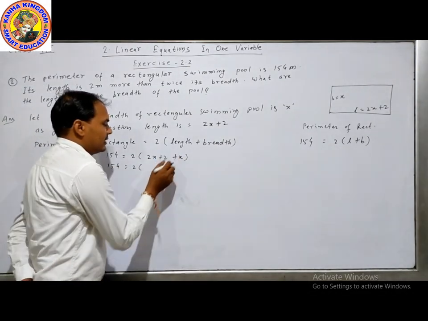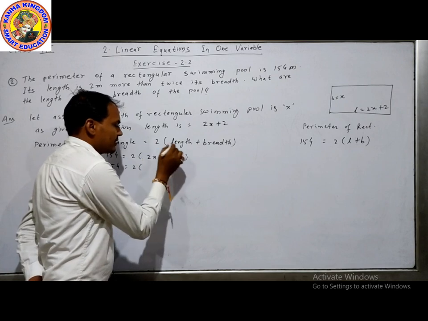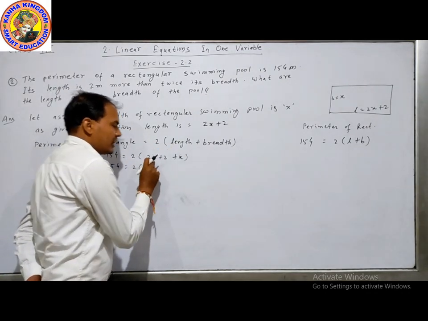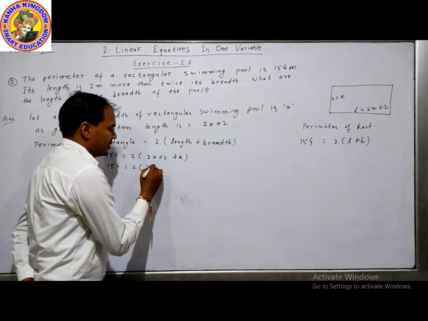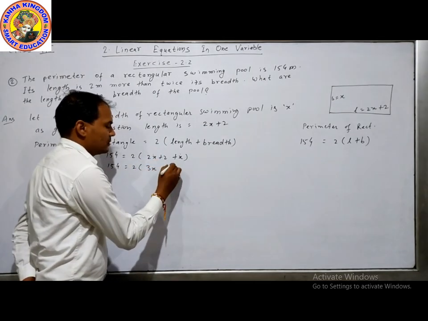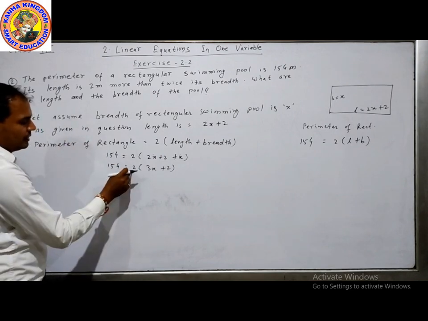When adding, 2 times x plus 1 times x is 3 times x, plus 2. We have to remove the 2.